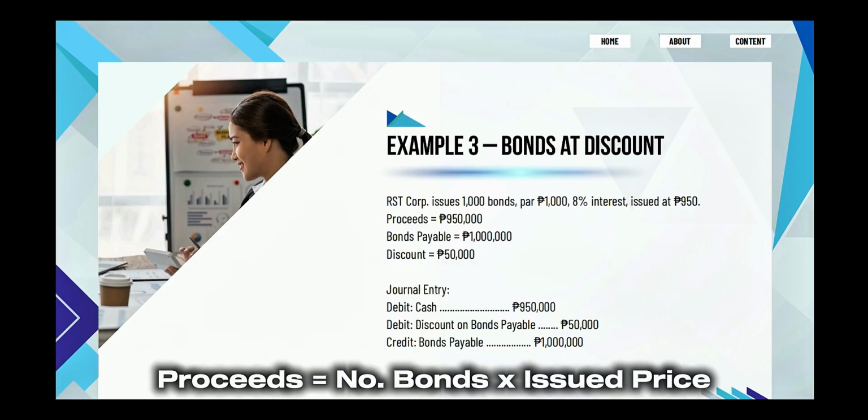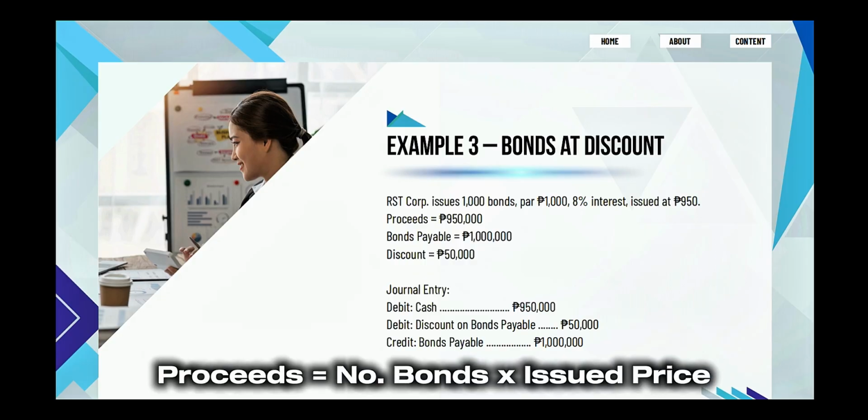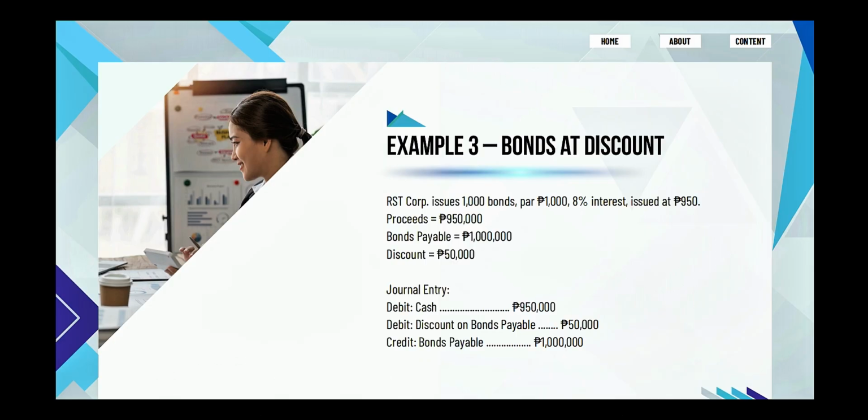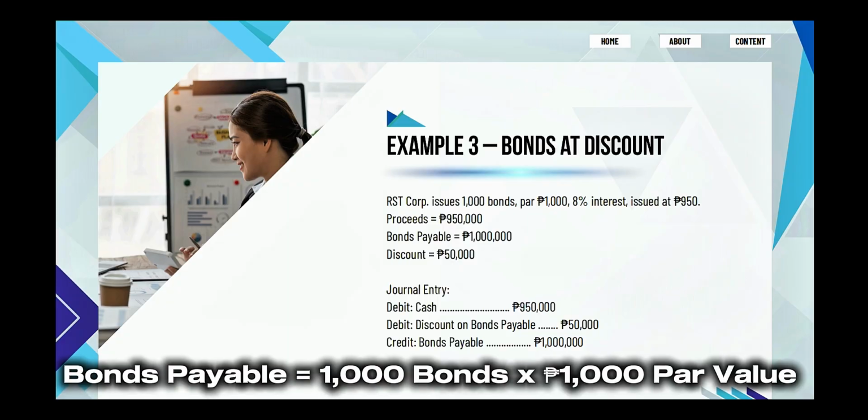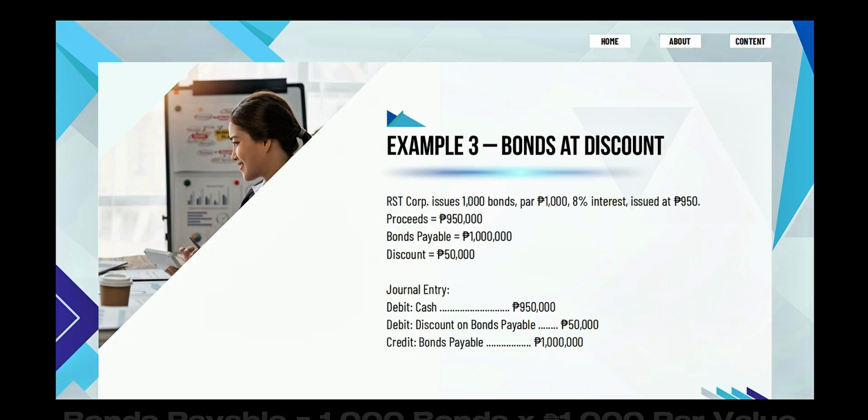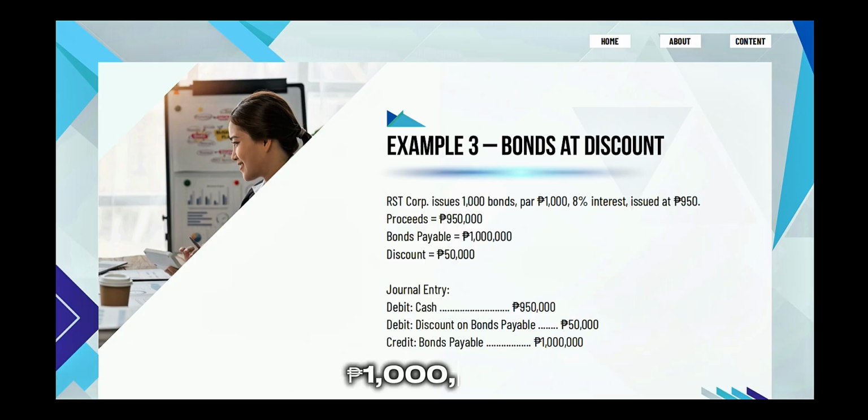To get the proceeds, of course, we need the numbers of bonds multiplied by the issued rate, or I should say, the 950 pesos. So that is 1,000 bonds multiplied by 950 per bond, and that's the total of 950,000 pesos. Second, to get your bonds payable, you just need to multiply the 1,000 bonds to 1,000 par value, and that's the total of 1 million pesos.